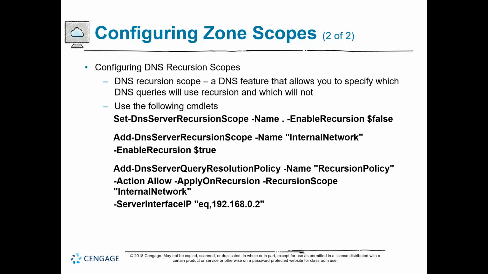Then you Add-DnsServerRecursionScope, name, internal network, which is the name of your internal, and then you're like, okay, now we can do EnableRecursion true. Add-DnsServerQueryResolutionPolicy, name, recursion policy, and then action allow, apply on recursion scope, and then your internal network name that you have up there at the top, server interface IP, and then your IP equals the IP address there. So you're just setting all of that information in a string, one piece at a time.